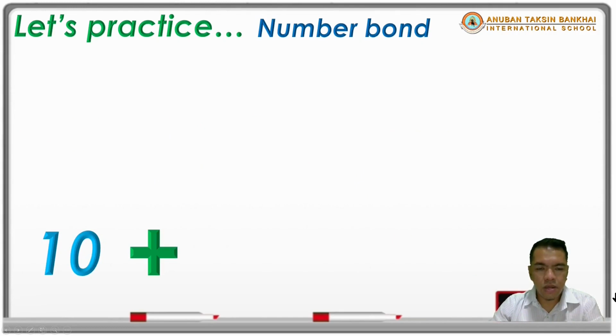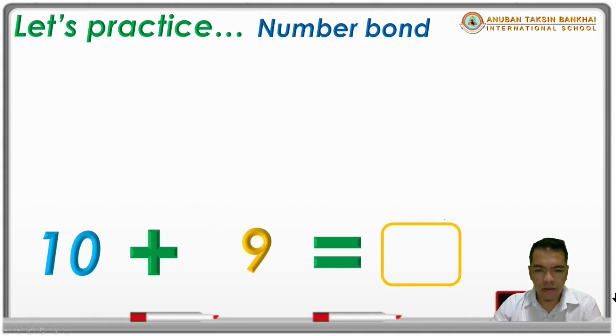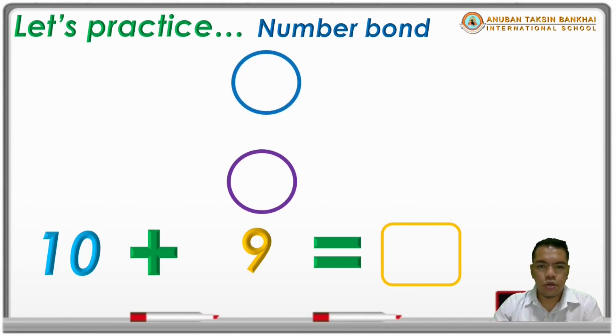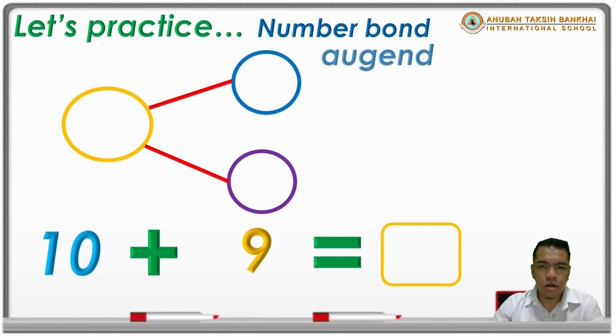10 plus 9 is equal to blank. Let's find our sum with the use of number bond method. Let's draw our 2 parts with a whole connected by 2 lines. Let's put first our odd.